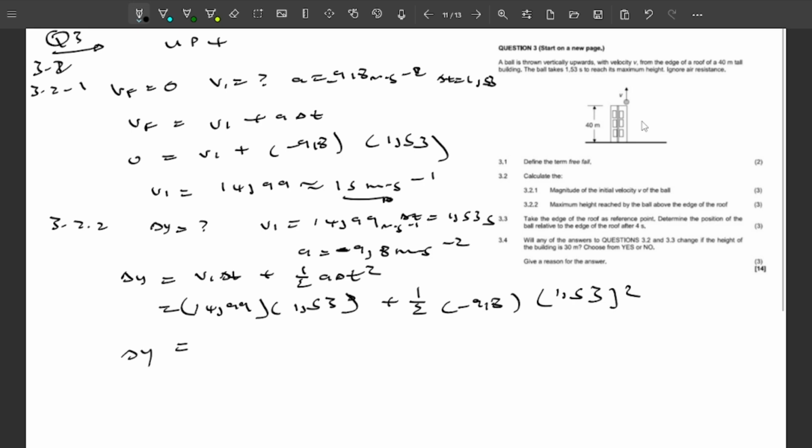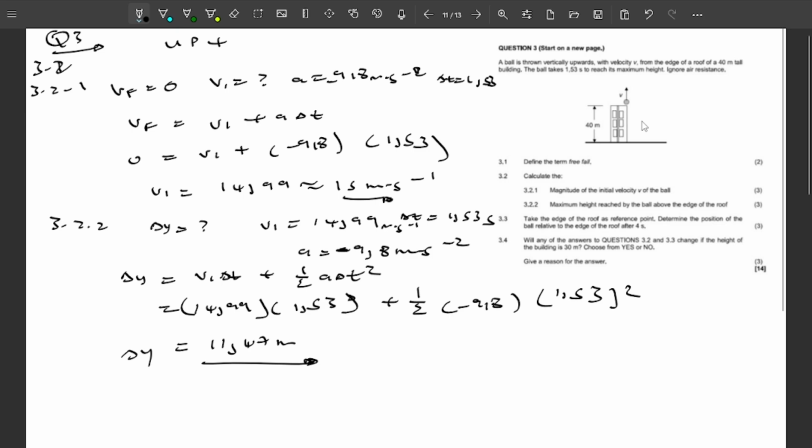Then your answer should be 11.47 meters after calculations. That is the answer you should get. This is basically the maximum height at which the ball reached. Now let's move on.